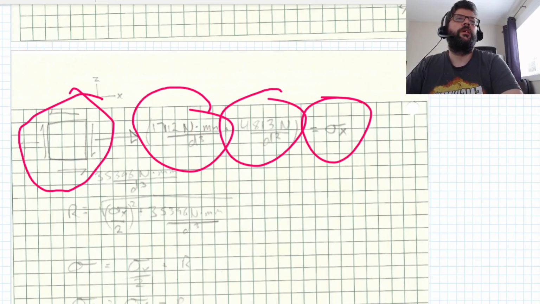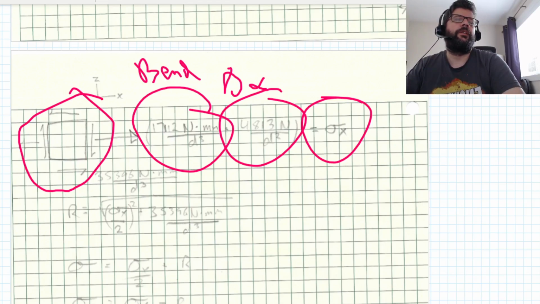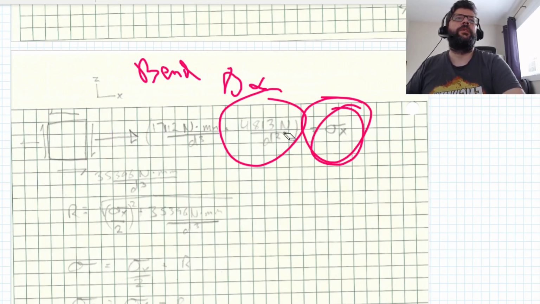Both of those combine to cause normal stress in the x direction.